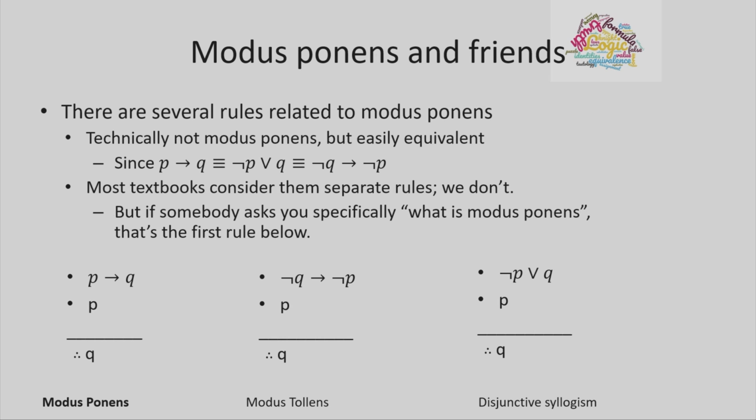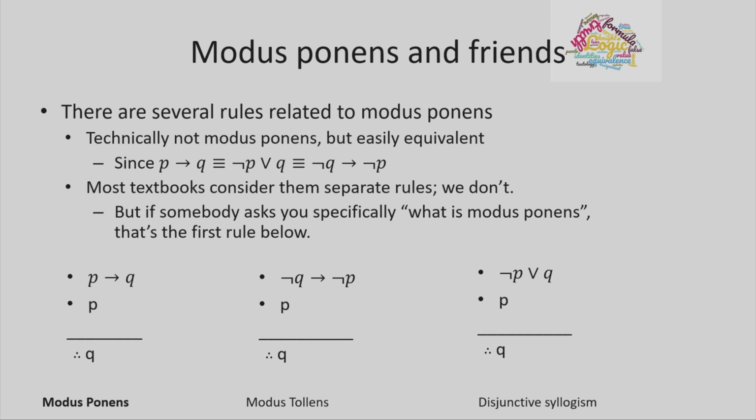Or maybe you take the P implies Q and say, oh no, the implication, I hate implication because they're so confusing in English. Let me just write it in a simpler, more computer sciencey way as not P or Q. That's exactly the same statement. P implies Q, not Q implies not P, or not P or Q. They're all equivalent. And from all of them, if you know P, you could derive Q.